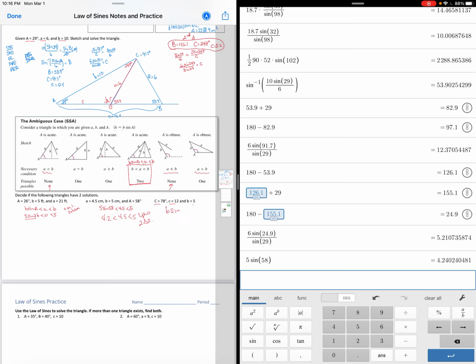So is B times the sine of C less than C less than B? Is 5 times the sine of 78 less than 12 less than 5? And this is a no again. So no, we won't have 2 triangles. We don't have to worry about both cases.